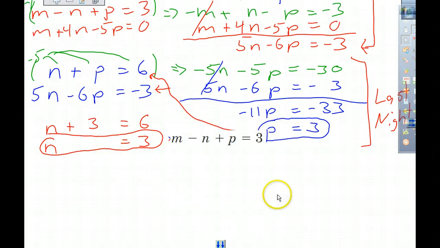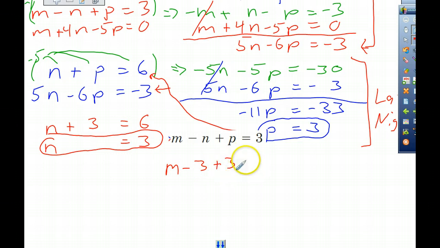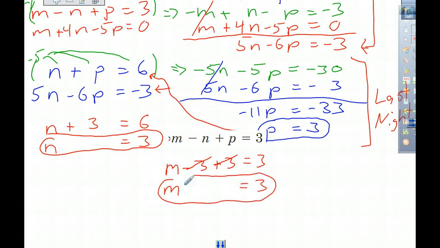So plug it in. Yeah, n is 3, p is 3. Okay, so we have m minus 3 plus 3. What's 3? 3 is correct. Negative 3 and positive 3 is 0. So we have m equals 3. Oh, look, all the answers are all 3. And not that it matters so much on this problem, but alphabetically.